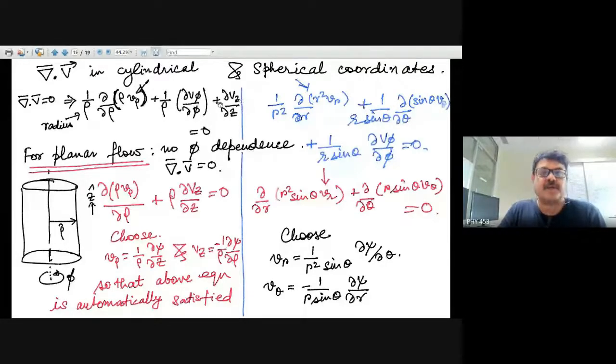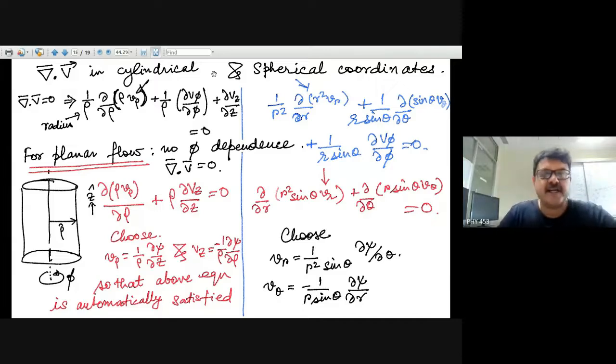If there is no z component of the velocity, then the flow is basically in this plane, right? If the cylinder is like this, and there's no velocity component in this direction, then you have flow in this plane.